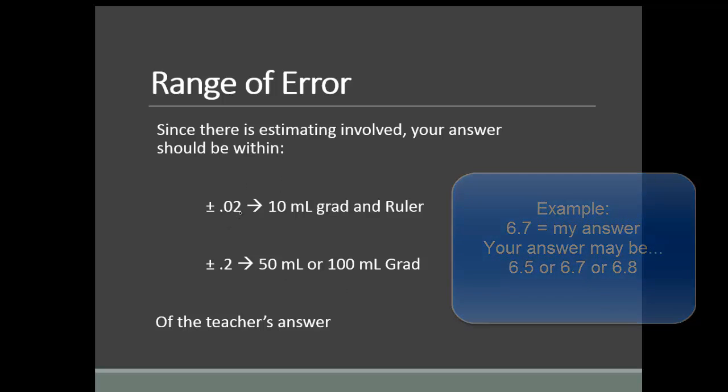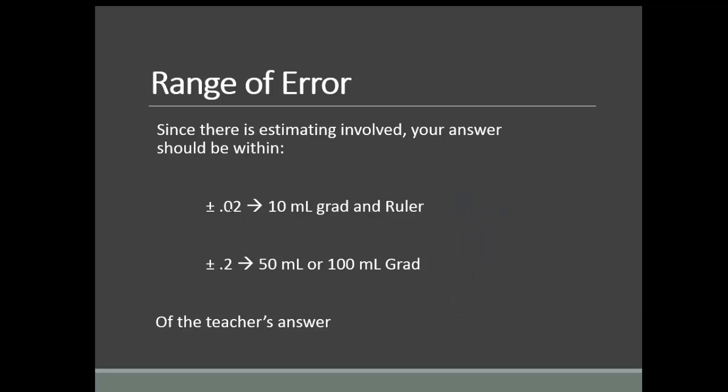Again, that's because in the 10 and the ruler, this is my estimated spot, and in the 50 or the 100, this is my estimated spot. So you can always be 2 off of my answer.